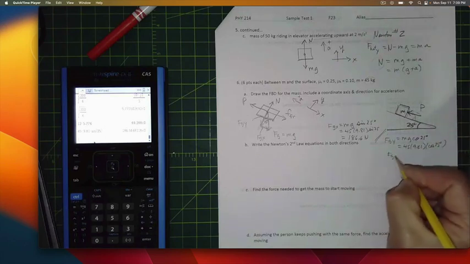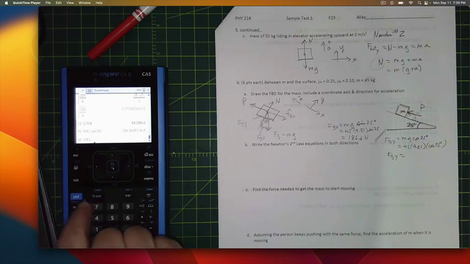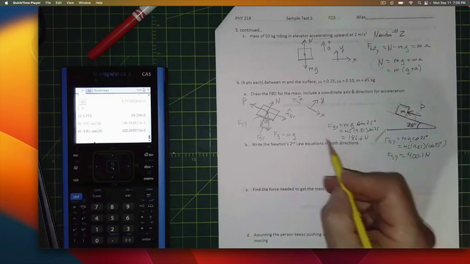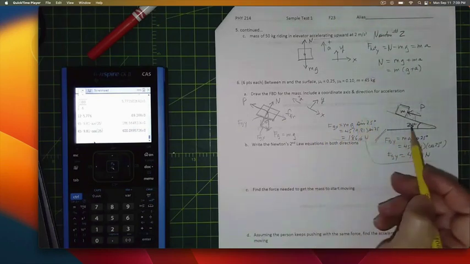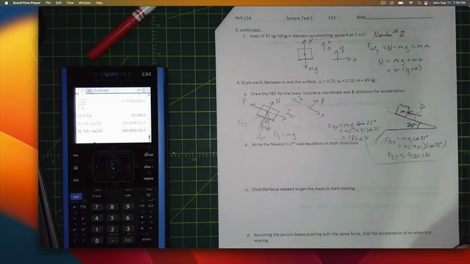So F_Gy is 400.1 newtons. All right, so it's not necessarily required for drawing the free body diagrams to give the actual numbers, but I have a feeling it's going to be helpful down here in a minute. So I went ahead and calculated it.